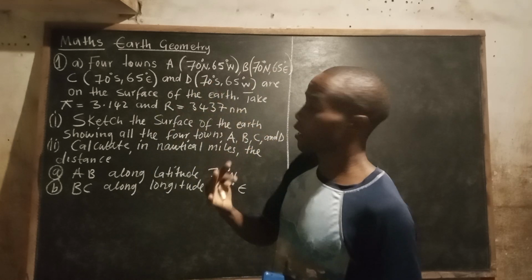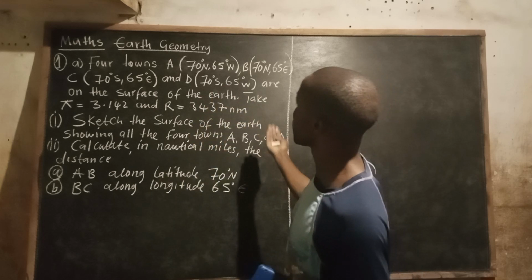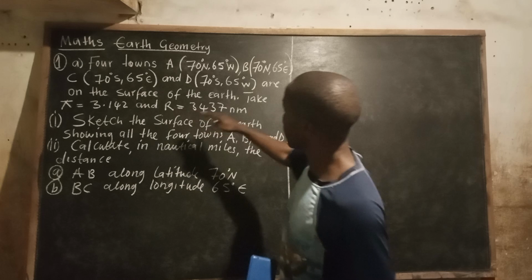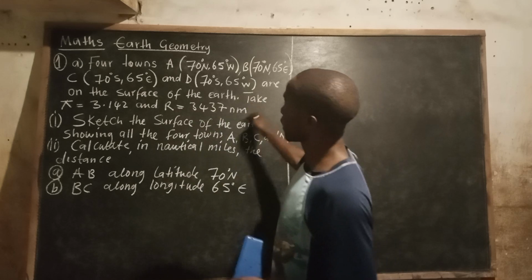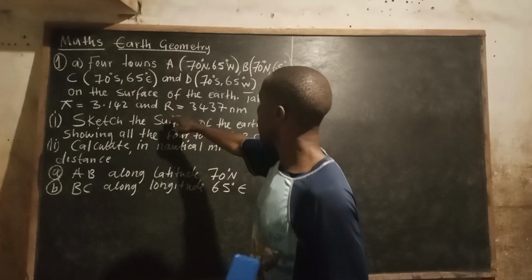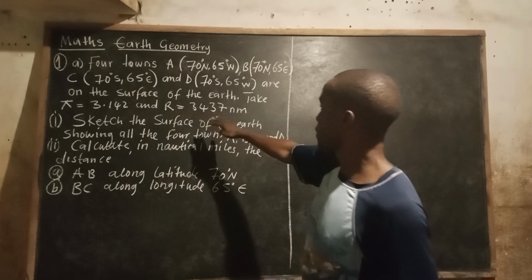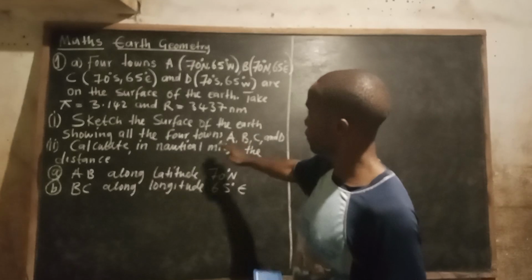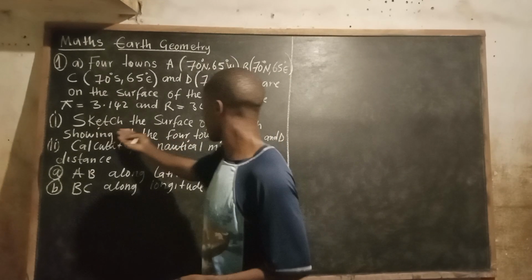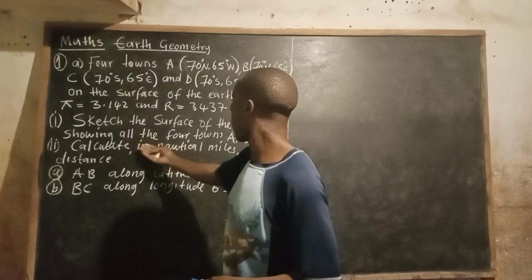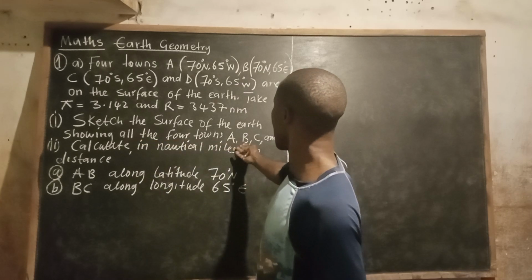So there are 4 towns, A, B, C, and D, on the surface of the earth. Take pi as 3.142 and R as 3437 nautical miles.